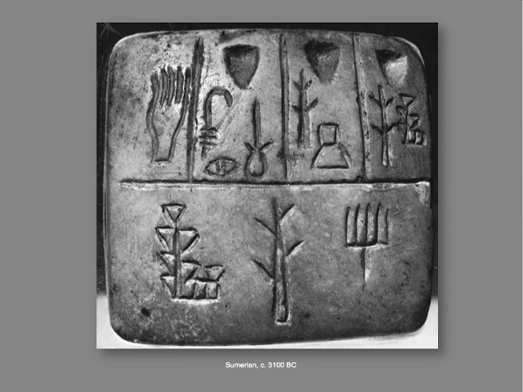Moving into pictographs and ideographs and so forth. This is an early Sumerian pictograph on a tablet, dated about 3100 BC, and it shows basically the seeds of alphabet forms.